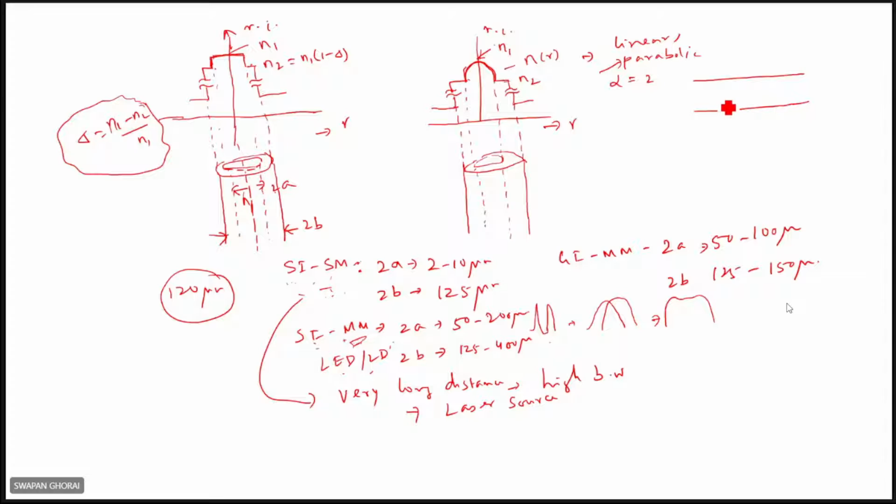This is the single mode. In single mode, only the axial ray will be there. You see it here. The dimension is very thin, so that is the single mode fiber, right? The core dimension is very thin, and if it is multi-mode fiber, then it is like this.